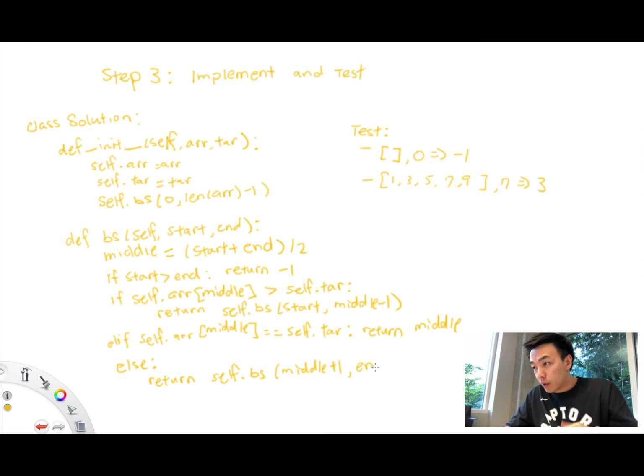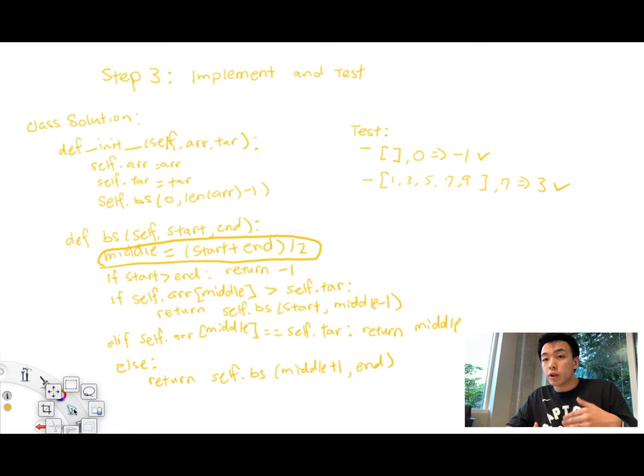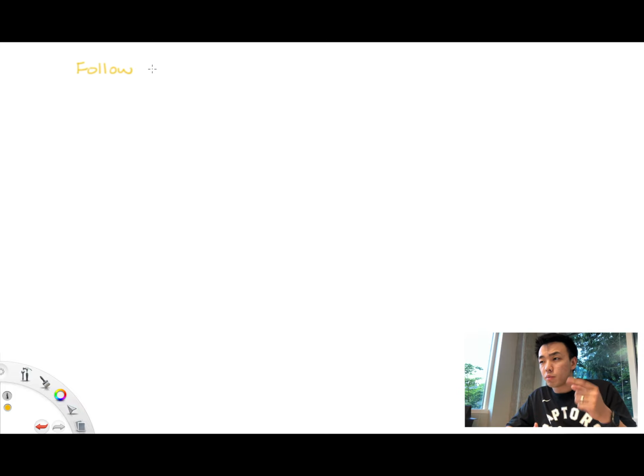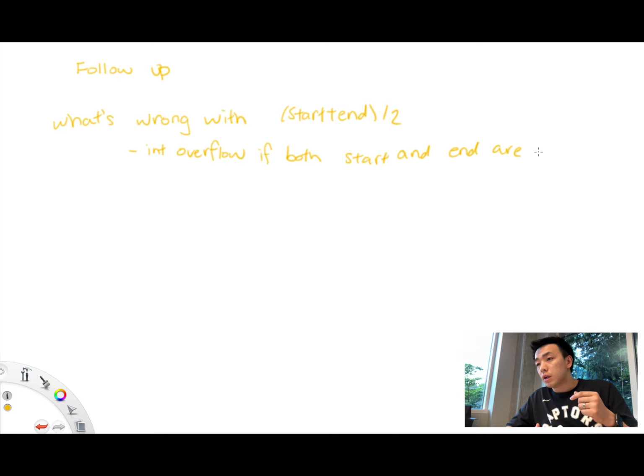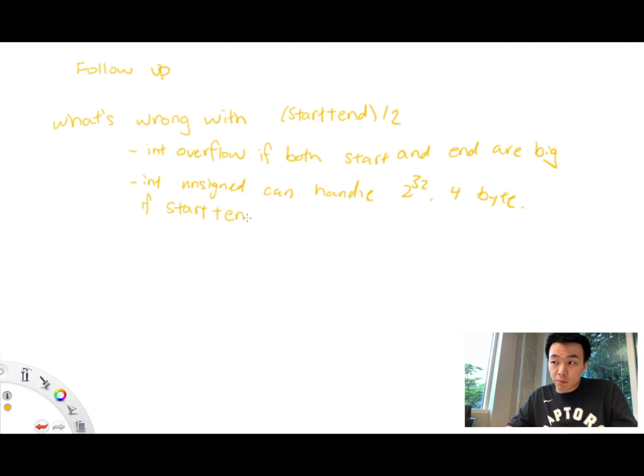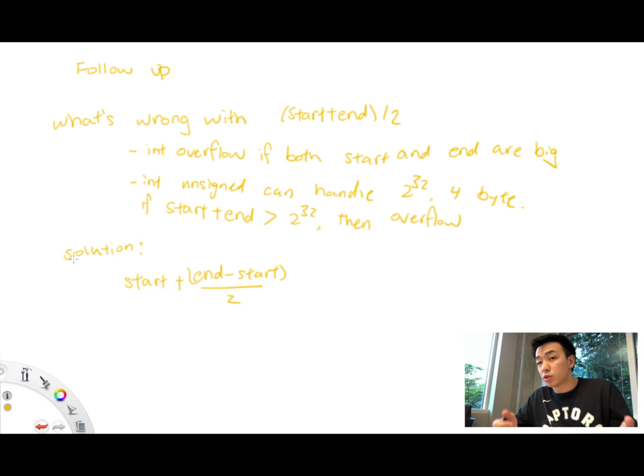The next thing that we want to go through is the follow-up questions. If we look at the code here, you can probably spot that we use start plus end divided by 2. A lot of candidates make this mistake. So what I will ask is, what's wrong with this? Since we are giving you an integer array, this array could potentially have a lot of numbers, and even though it might fit in memory, the index of numbers could be very, very big, almost to the end.